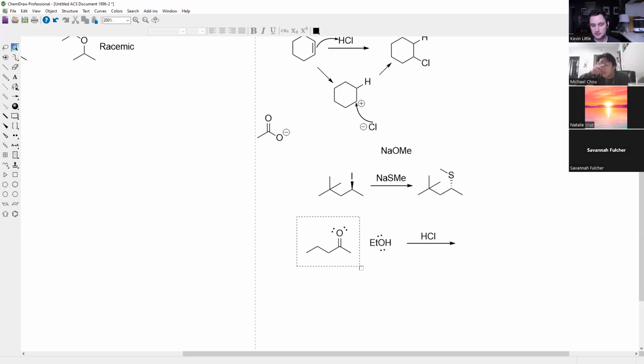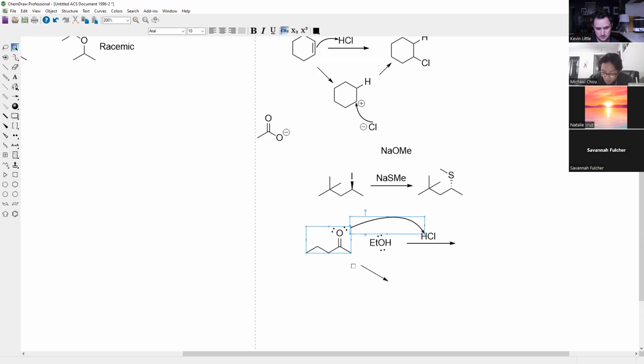If I can make my electrophile even more positive, it's going to want electrons even more. So if I have an acid, I'm going to protonate my electrophile. This is something we did a couple weeks ago, but it's going to be on the test.